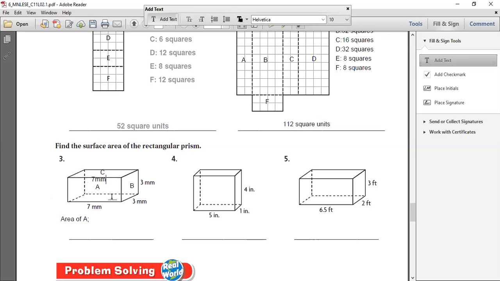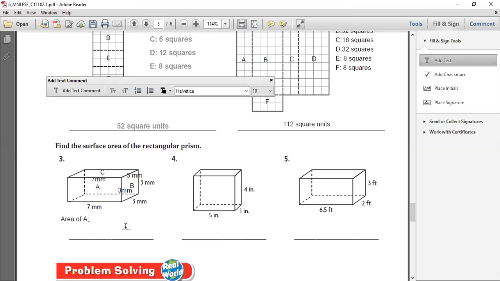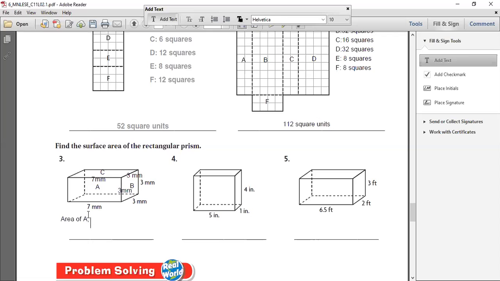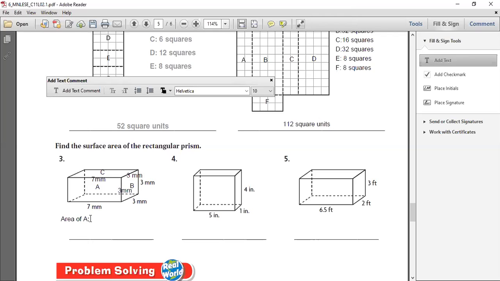If this side is 3, the opposite side is also going to be 3. Why did I write centimeter? It's millimeter. Here also I wrote centimeter; it's millimeter. Fine.